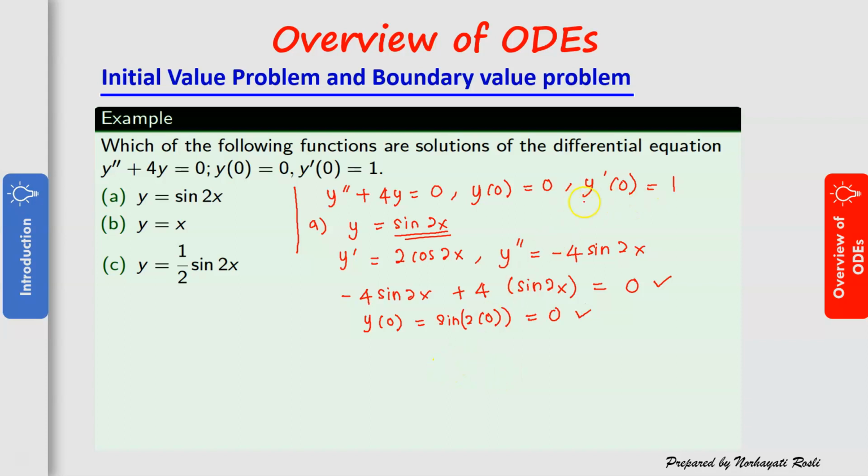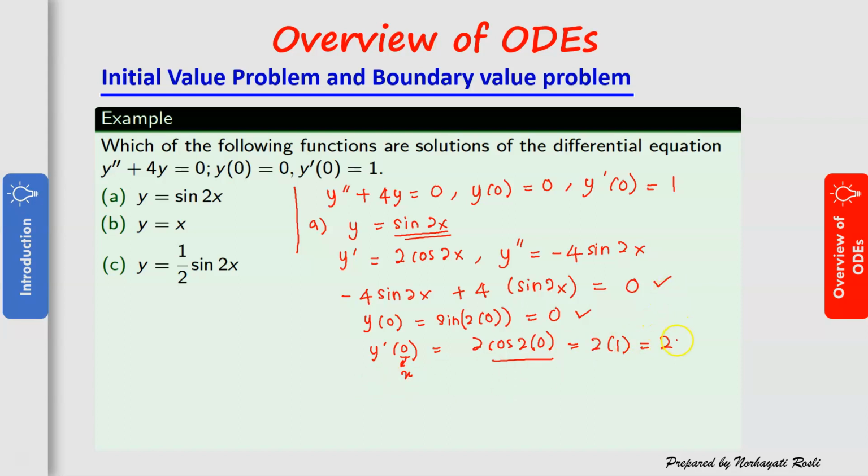And then we need to check for y prime(0). Y prime(0) is equal to 2 cos 2x, where x is substituted with 0. This means 2 times 0. When we solve this one, cos 0 is equal to 1, which is 2 times 1, which is equal to 2.